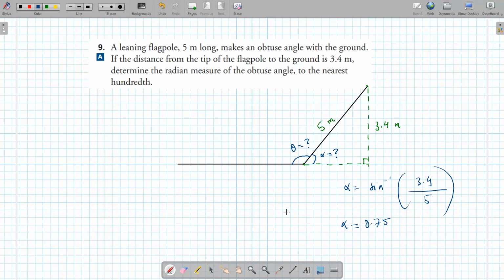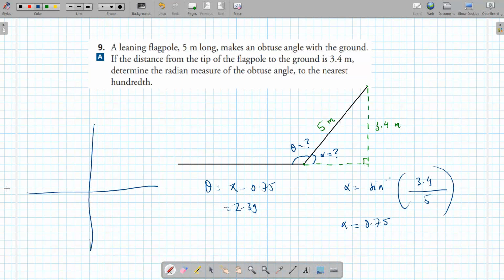You just subtract from 180. It's asking us radians, so what do we subtract it from? Pi. So this is going to be pi minus 0.75, that'll be 2.39. And you're done. That's the radian measure.